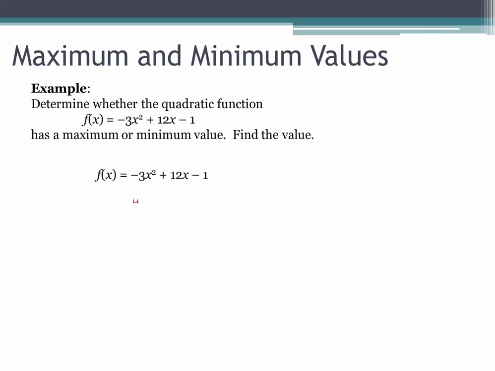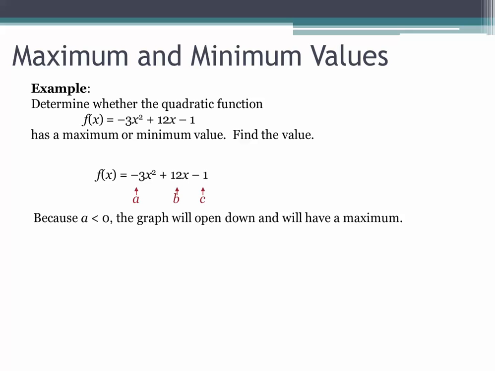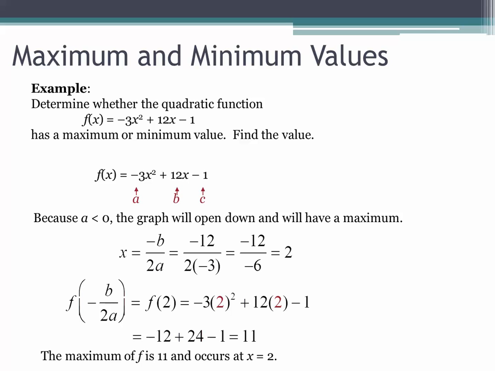We use the formula x equals negative b divided by 2a, plugging in the b of 12 and the a of negative 3. That's going to give us negative 12 divided by 2 times negative 3, or negative 12 divided by negative 6, which is 2. So we have an x value of 2.